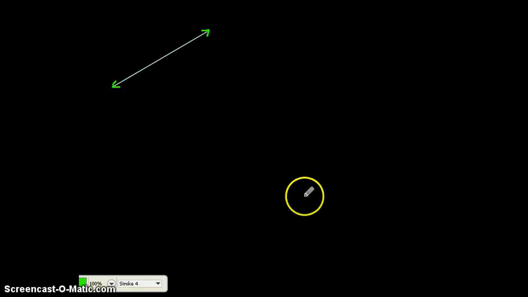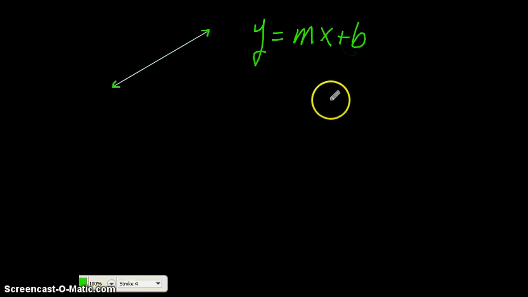The next thing we need to talk about are the equations of lines graphed on the coordinate plane. Let's start with what we already know. y is equal to mx plus b. Remember, m is the slope, and b is the y-intercept, the point where the line crosses the y-axis.